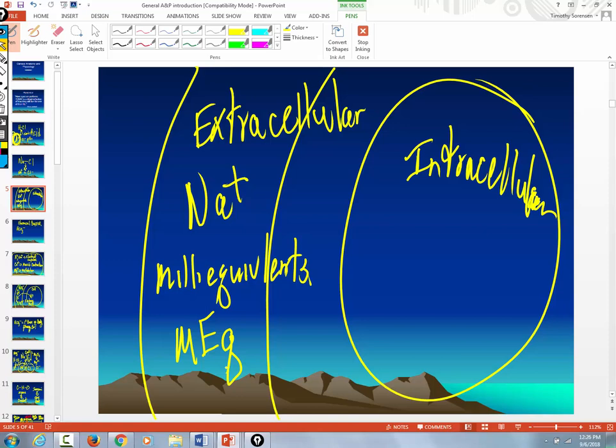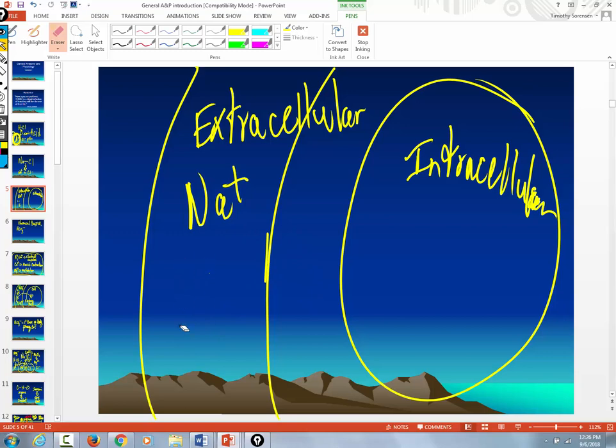The normal blood level of sodium is 135 to 145 milliequivalents per liter.